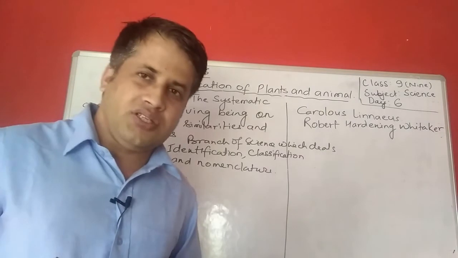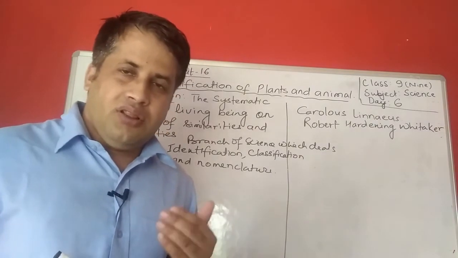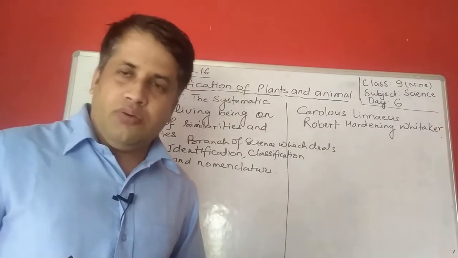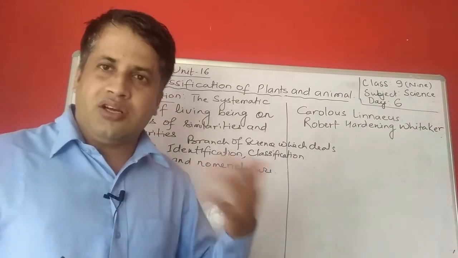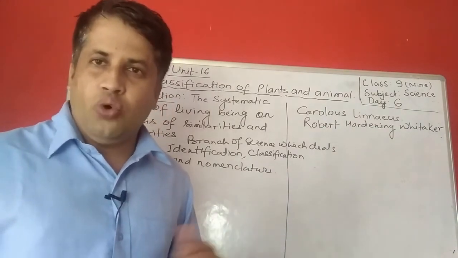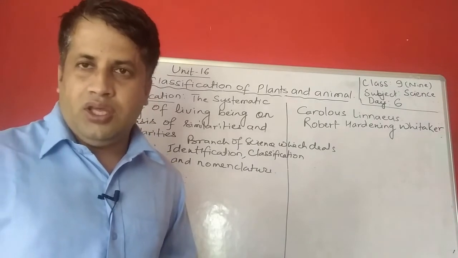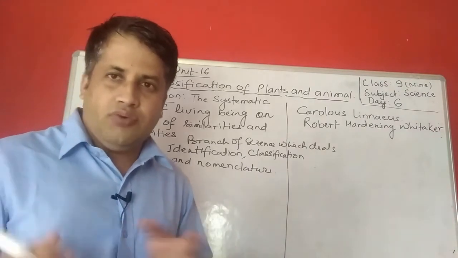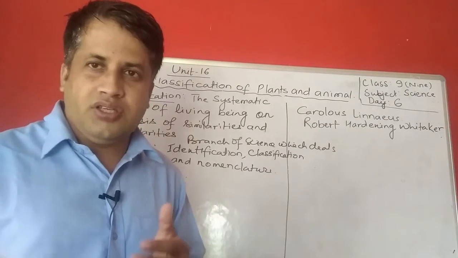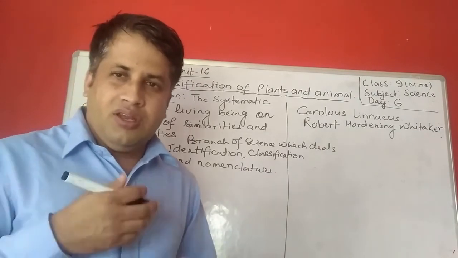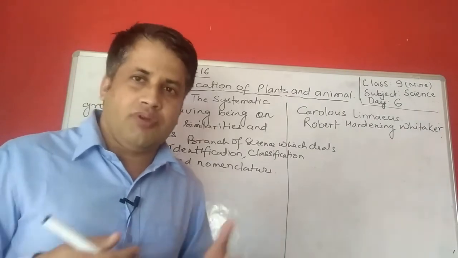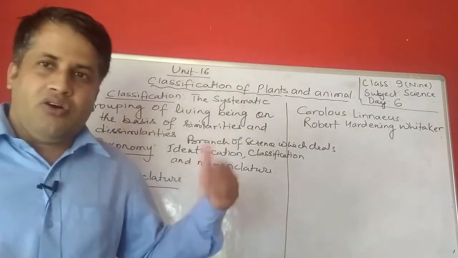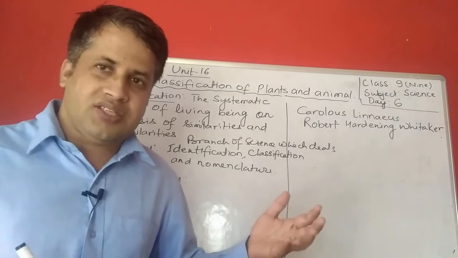Because an organism may be known by one name in one country, as they have different languages, and in other countries the same organism may be known by another name. There may be confusion when we talk about living organisms by their common names in different countries, because of the different languages, and people may not understand what is being said.